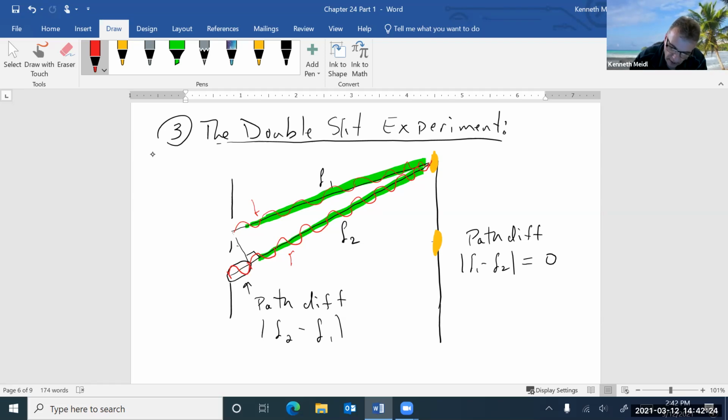But for this to be a bright spot over here, the path difference is off by a whole wave, so that a whole wave can fit into that spot right there. That's why I was mentioning that I probably don't have this drawn up to scale perfectly.